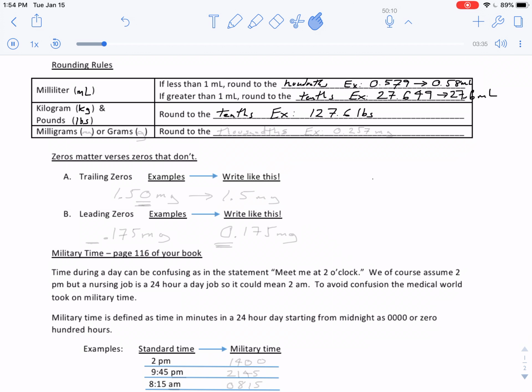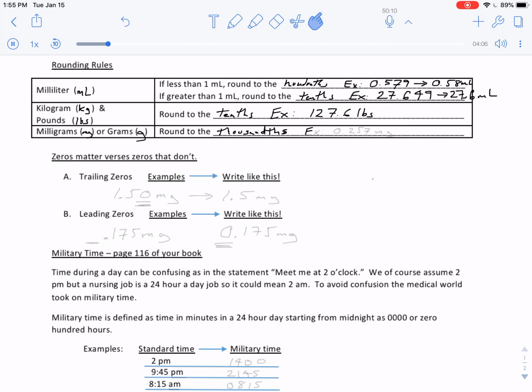So milligrams. Milligrams abbreviated mg, or grams abbreviated g. Both of which are rounded to the thousandths place, so thousandths, which is 3 decimals away.